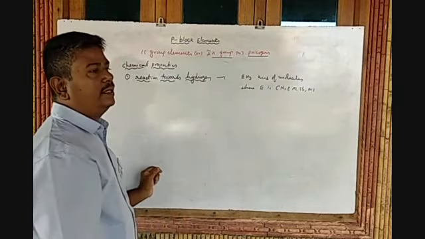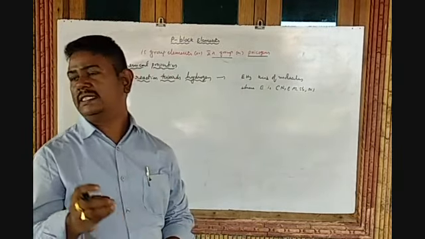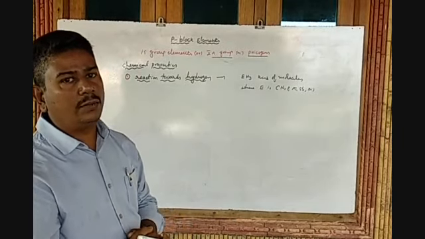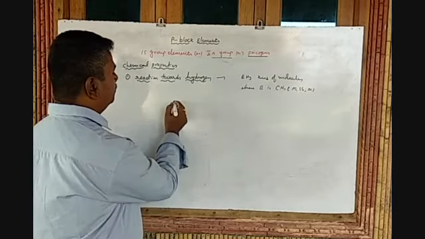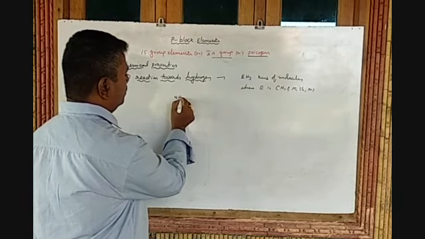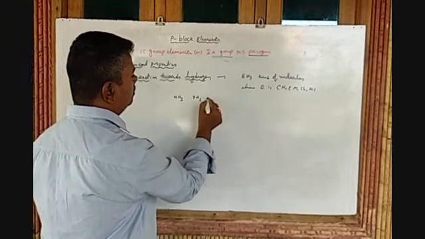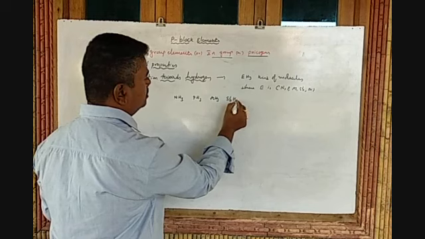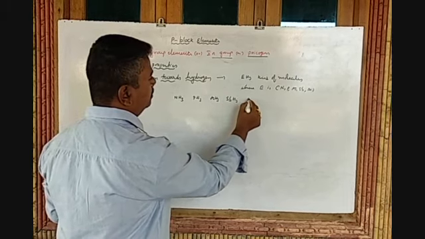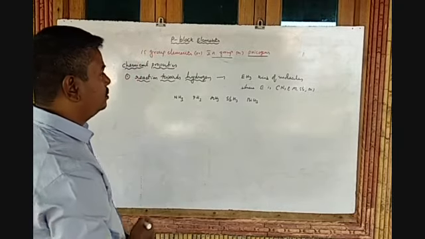So these group elements readily react with hydrogen to form their respective hydrides, like NH3, PH3, AsH3, SbH3, and so on.